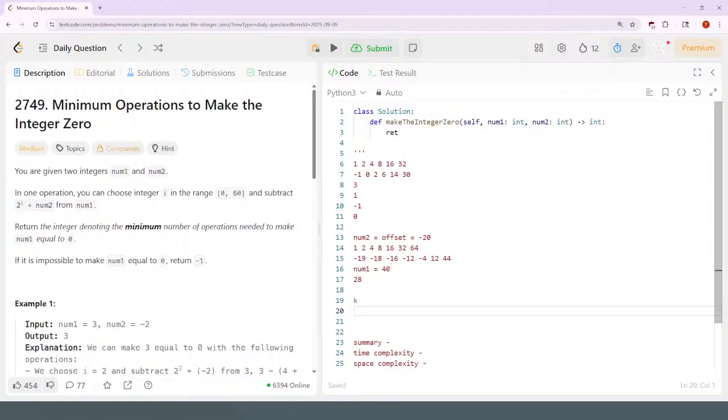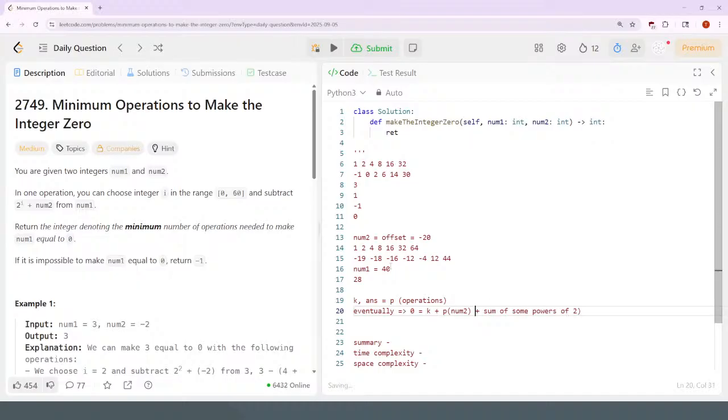So eventually you have something where 0 is equal to k plus, let's say your answer is p operations, p times num2, plus a sum of some powers of 2.